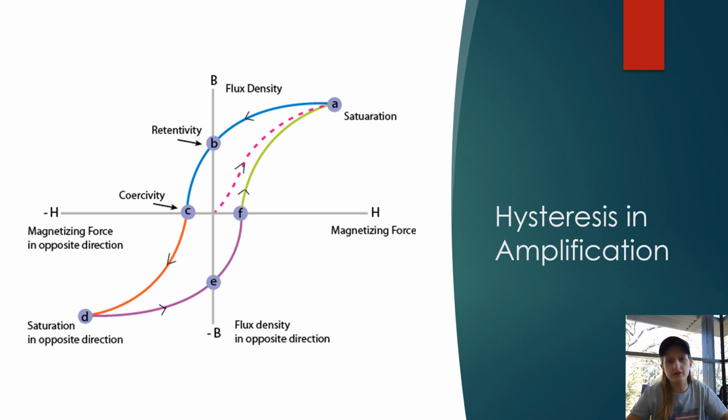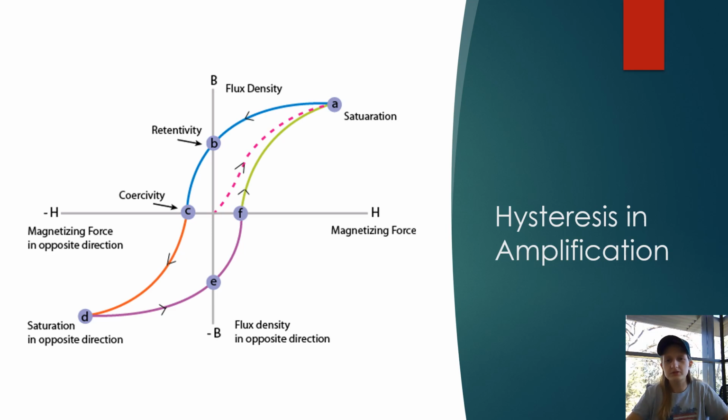So let's start out with talking about what even is hysteresis. Hysteresis is the lagging of the magnetization of the ferromagnetic material behind variations in the magnetizing field, sorry. The two most important factors we must consider when choosing a magnet for a speaker are the retentivity and coercivity, as I mentioned earlier.